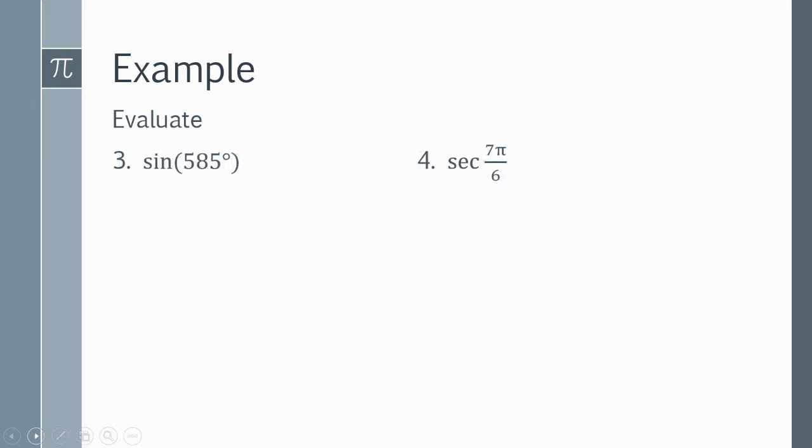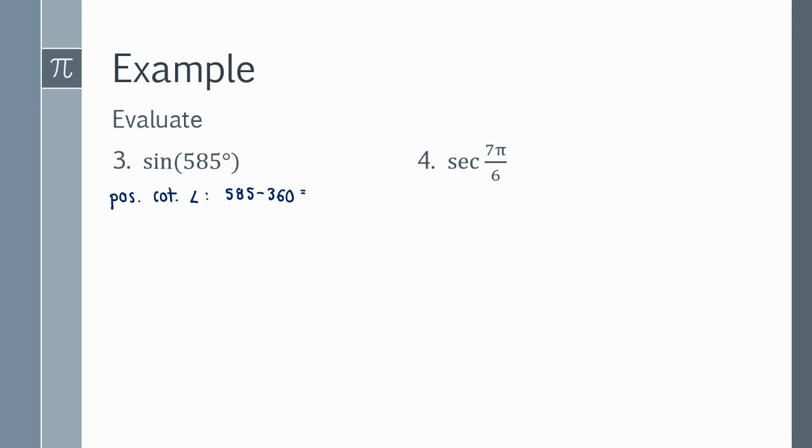All right, so I'm going to start just using the unit circle for the rest of these. But once again, if you like to sketch the picture, by all means do that. If I'm talking about the sine of 585 degrees, it's not going to be in my unit circle. So we're going to find a smaller positive coterminal angle by taking 585 and subtracting 360.